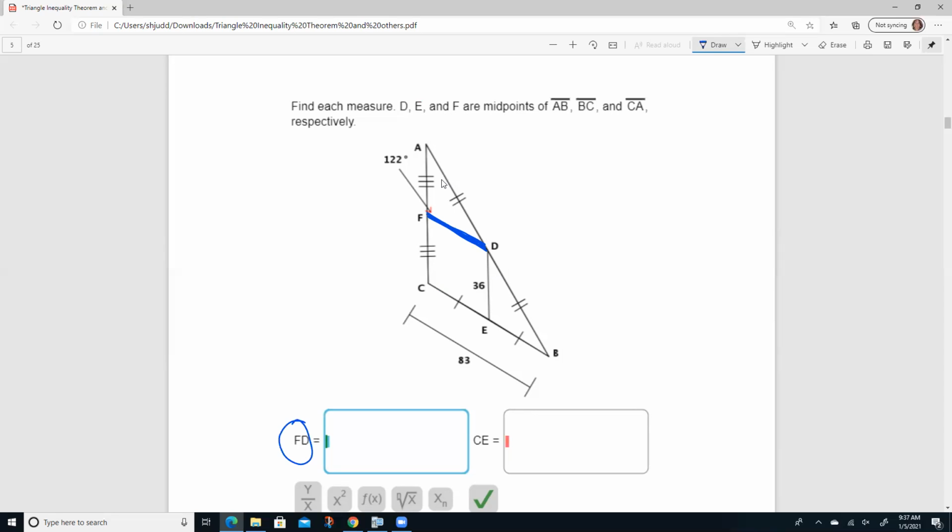Well, I know that FD is half the length of CB. I know CB is 83 degrees. So I can take that 83 degrees, divide it by 2, and I can get my answer. 83 divided by 2 is 41.5.